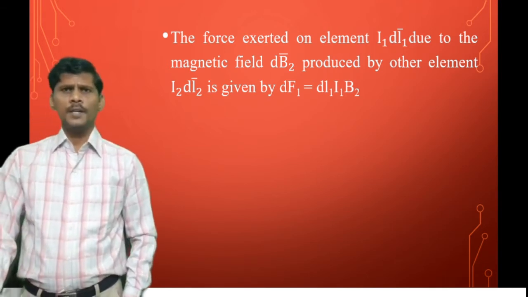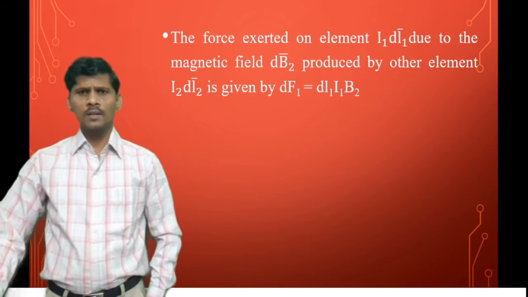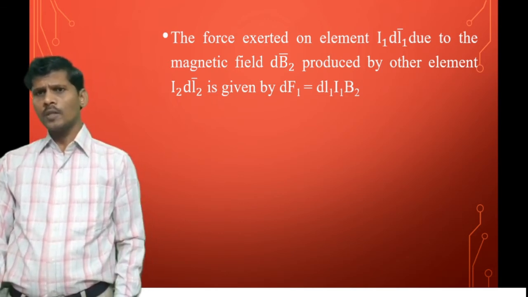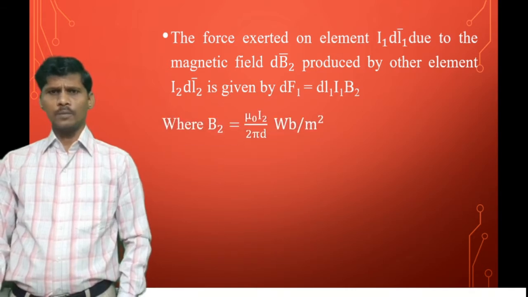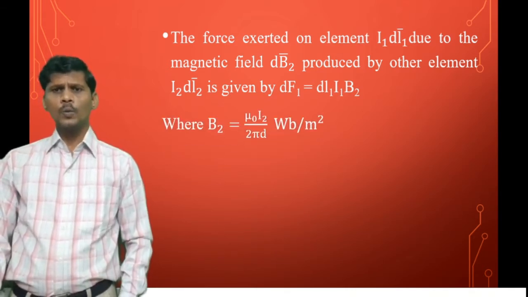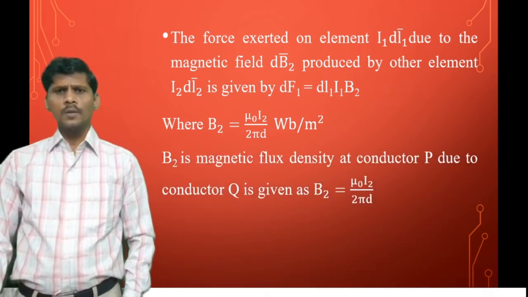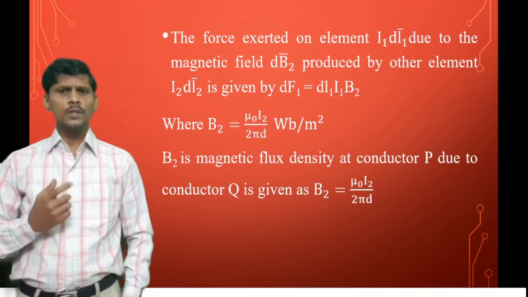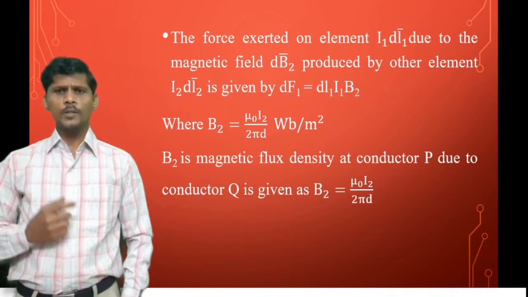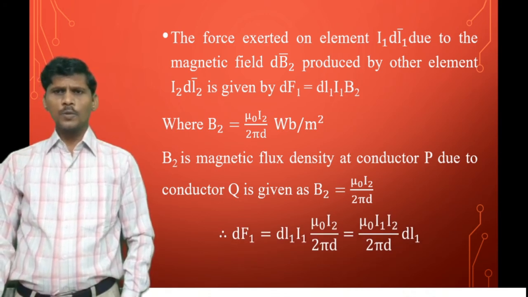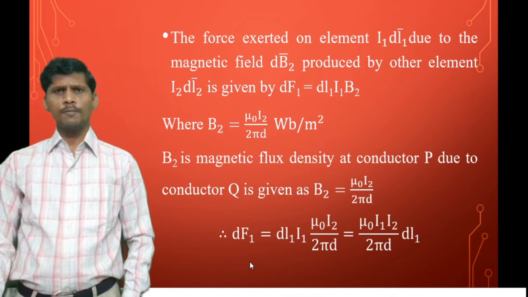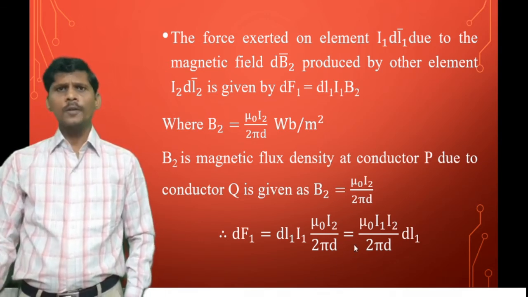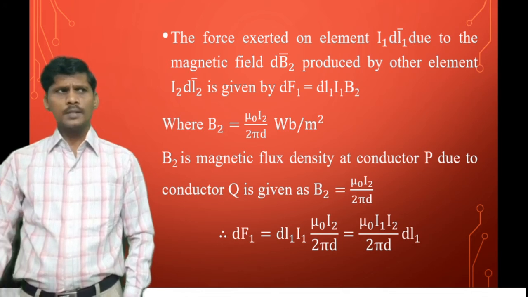The force exerted on the first current element I1 dl1 bar due to the magnetic field dB2 produced by the second current element I2 dl2 bar is dF1 equal to dl1 into I1 into B2, where B2 is the magnetic flux density at conductor P due to conductor Q. B2 is equal to mu naught I2 by 2 pi d weber per meter square. Substituting this B2 value, dF1 is equal to mu naught I1 I2 by 2 pi d into dl1.